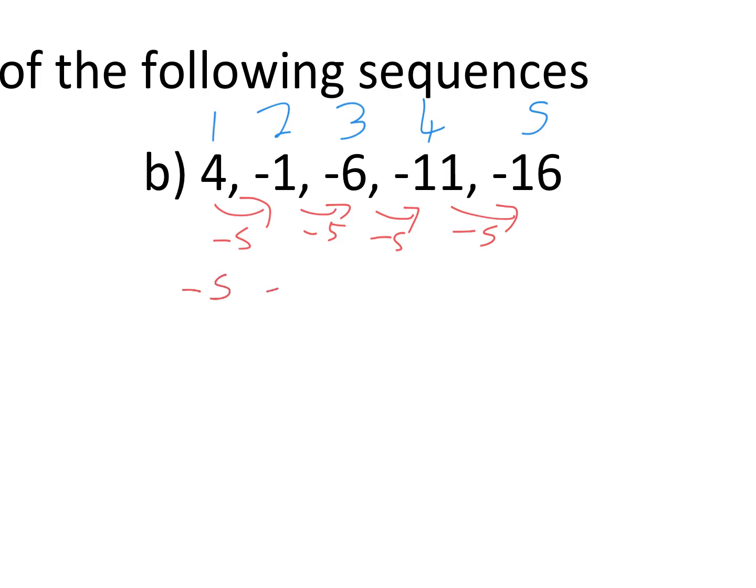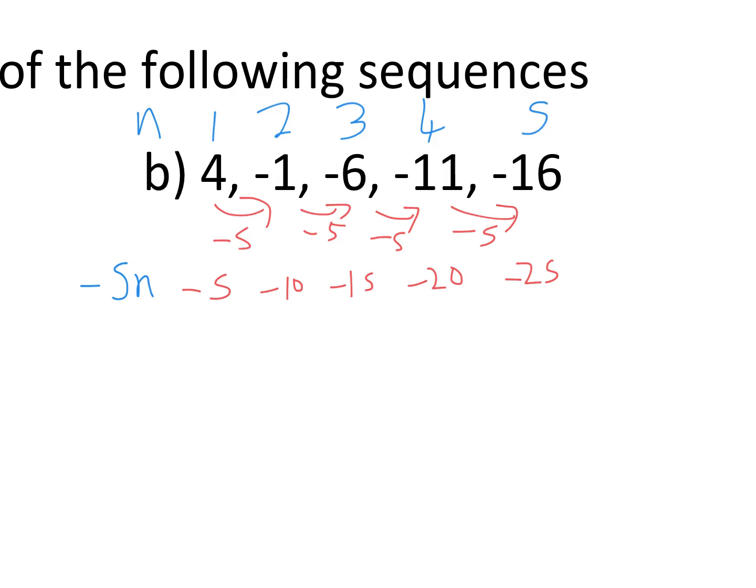So I suppose you could call it the negative 5 times tables. So if this is our term number here, what's the link between the term number and the minus 5 times tables? It is n times minus 5, or minus 5n.